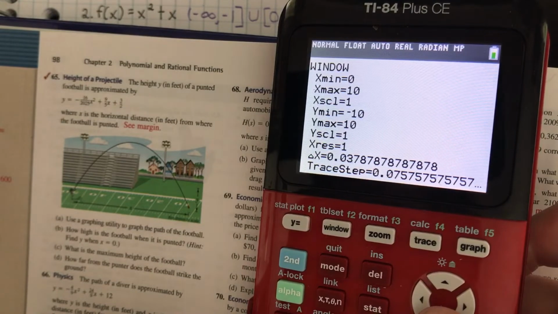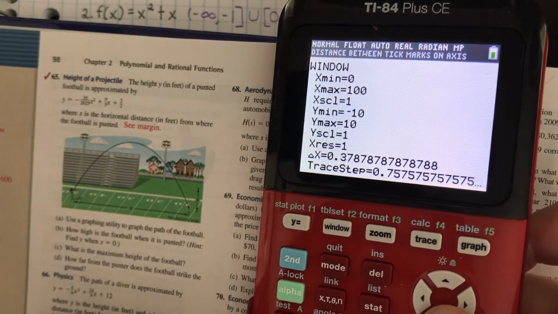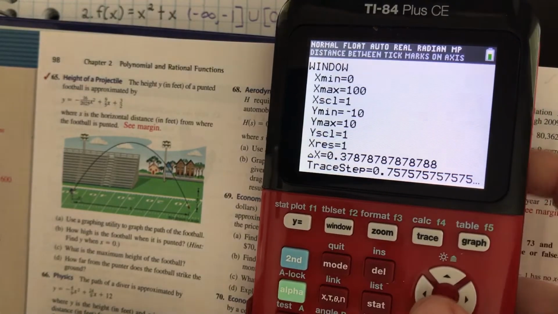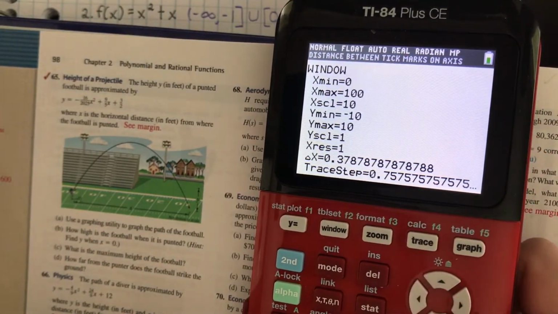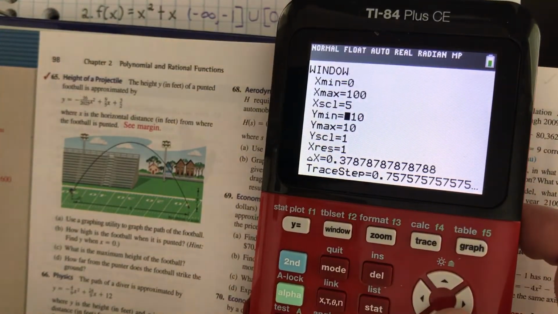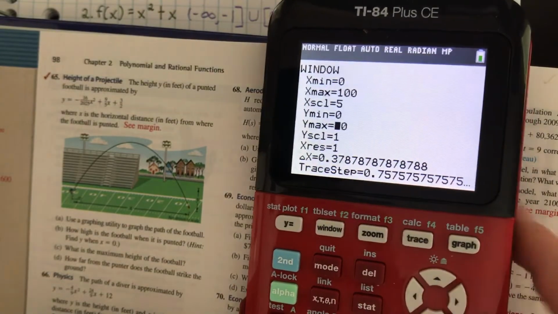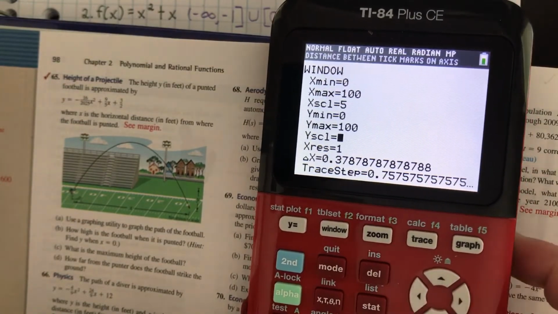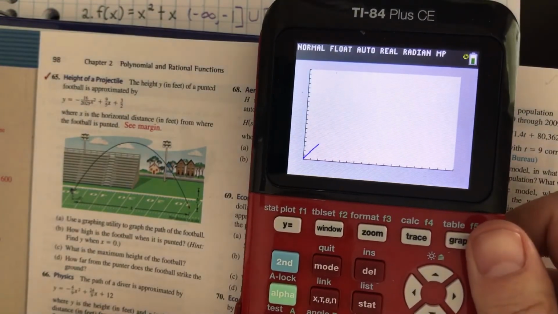Let's say 100 feet is how far max a football would go, I think. Do I want to scale by 5 or 10? I'll scale by 5. My y min is 0, my y max is 100, and I'll also scale by 5. So let's take a look at that picture.